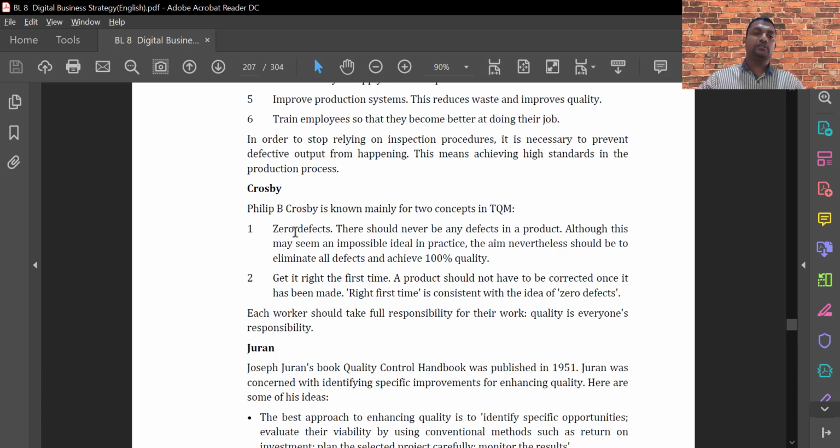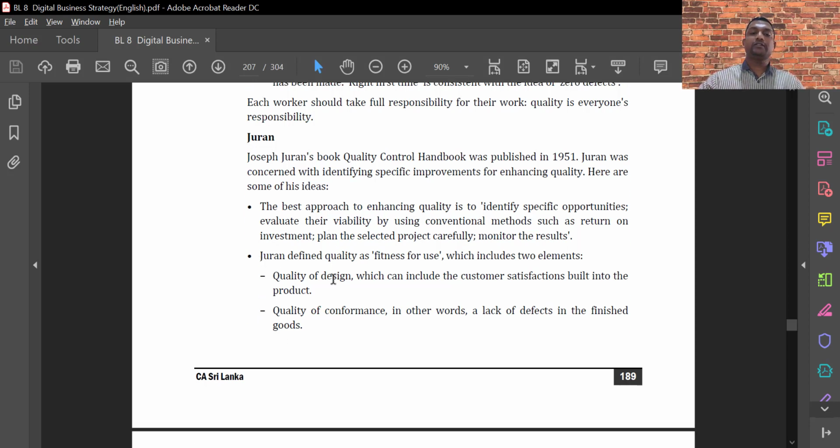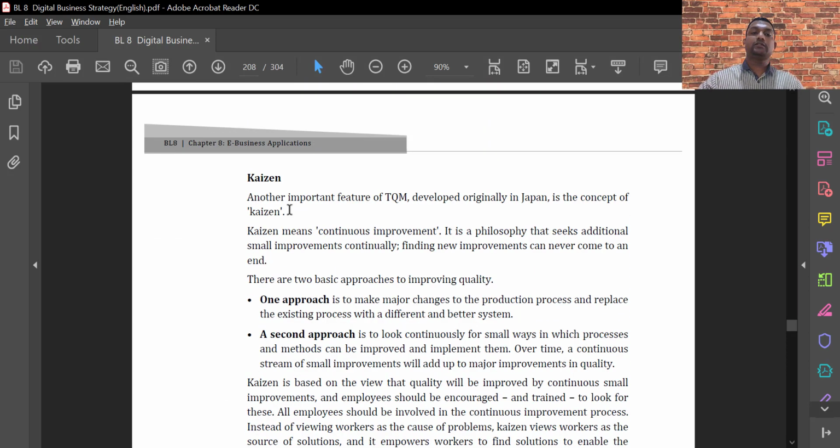So this is the answer. Philip Crosby is the person who introduced or suggested to have this in total quality management, and also Joseph Juran, he also has suggested this concept, identify the opportunities, fitness for use, so things like that. And then again, features of total quality management also fall under the Kaizen method, which originated in Japan.